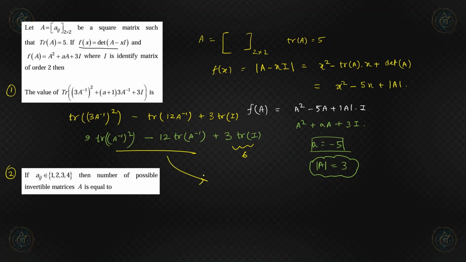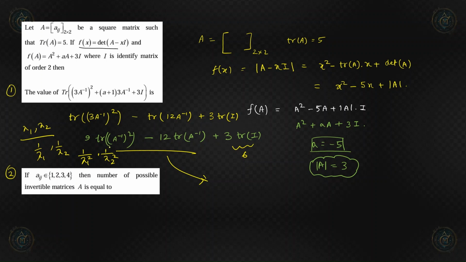Now let's calculate this. If lambda 1 and lambda 2 are the eigenvalues of this A matrix, what will be the eigenvalues of A inverse? They will be simply 1 by lambda 1 and 1 by lambda 2. And the eigenvalues of A inverse whole square will be simply 1 by lambda 1 square and 1 by lambda 2 square.